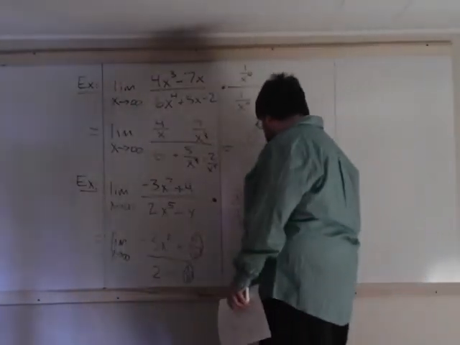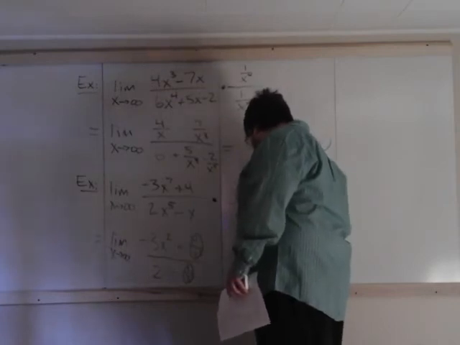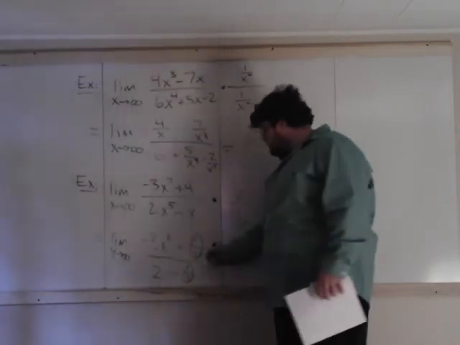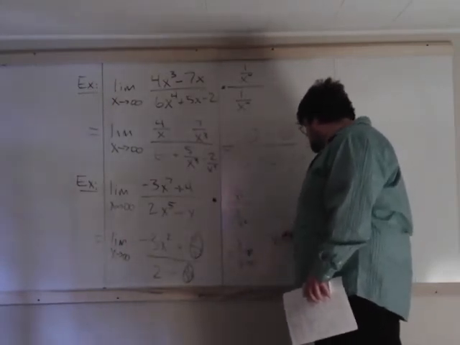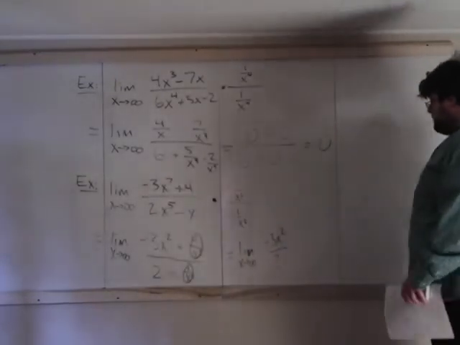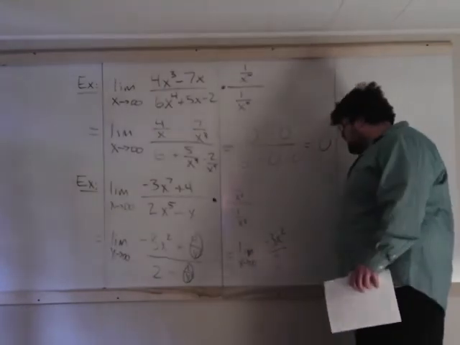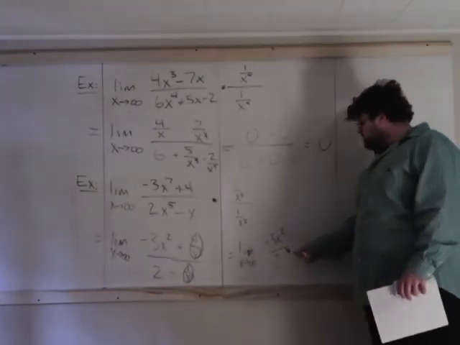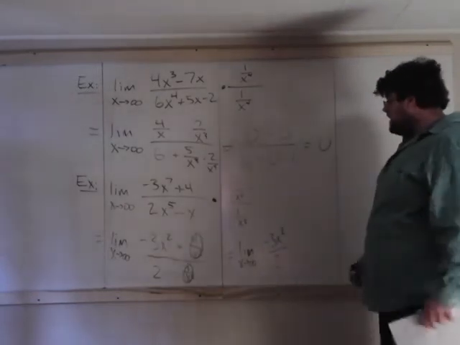Maybe I should write out limit as x goes to infinity. We'll just get rid of those two zeros. So now we have negative 3 x squared over 2. We could do a kind of substitution here and get that x squared goes to infinity, and you multiply that by a negative number, that becomes a negative infinity.